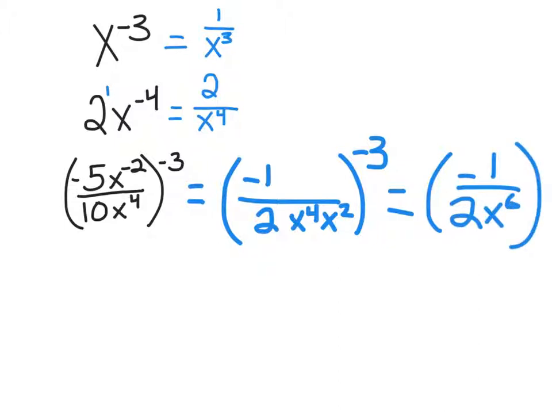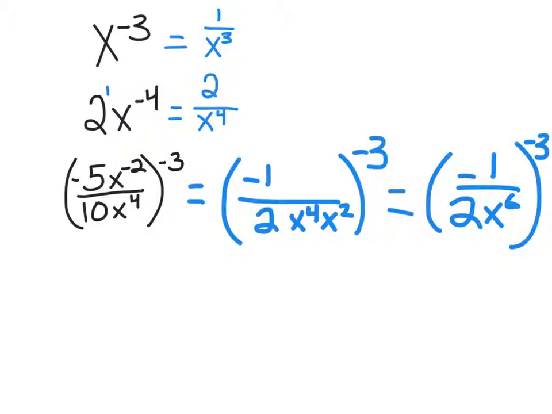Now from here, I still have to apply this negative 3. I can either take this and apply the negative 3 to the negative 1, to the 2, and to the 6, remembering that I would actually apply it to the exponent of each of those. So it would be the exponent of 1, the exponent of 1, and the exponent of 6.